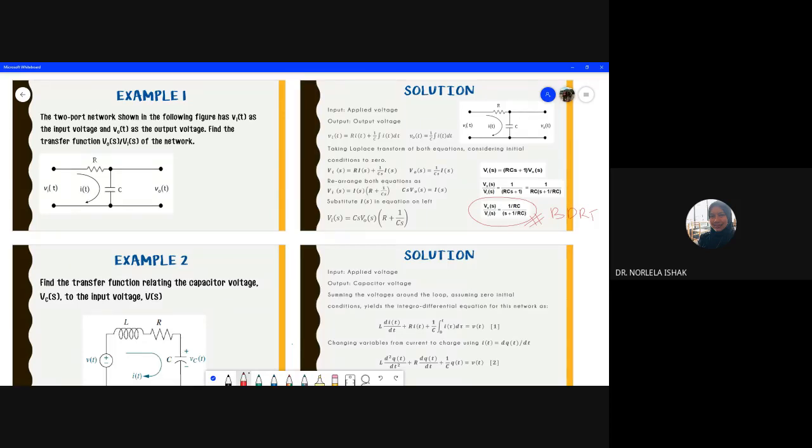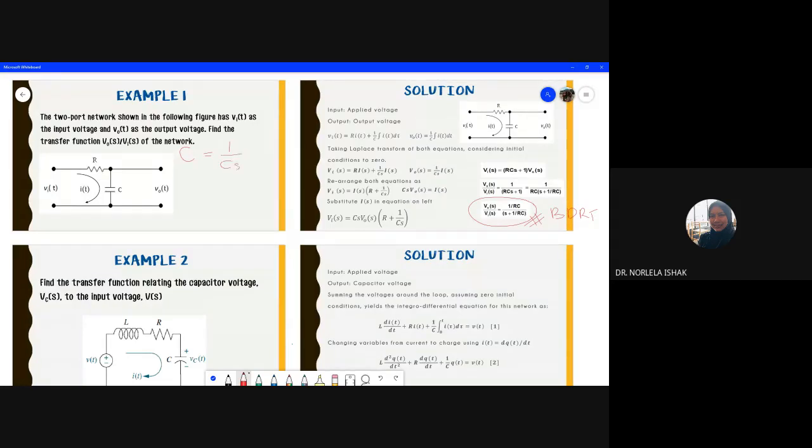Who still remembers the impedance for the capacitor? 1 over Cs. Yes, very good. Okay, impedance for the capacitor is 1 over Cs.